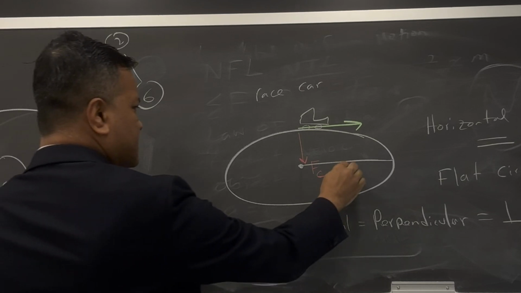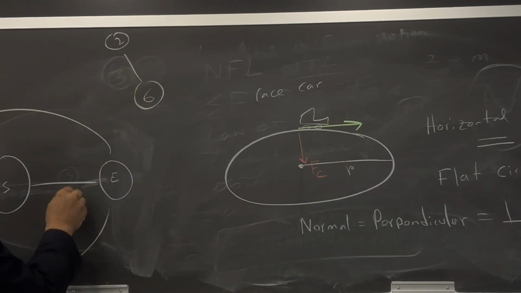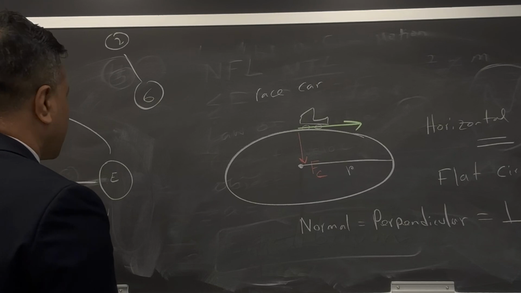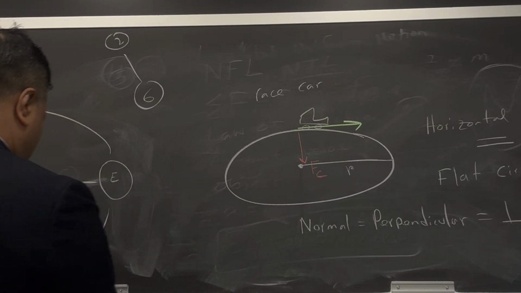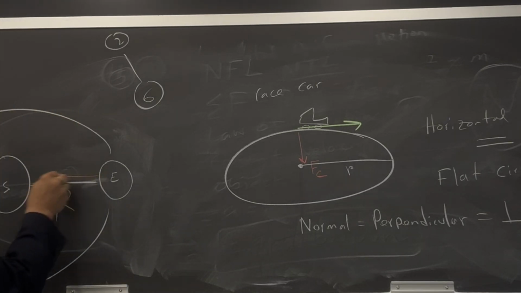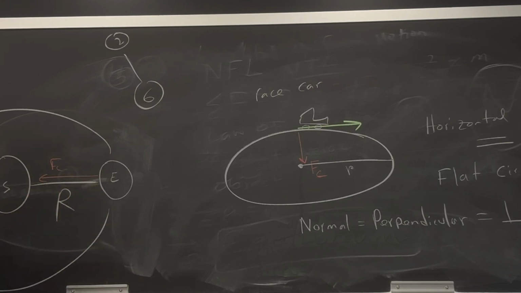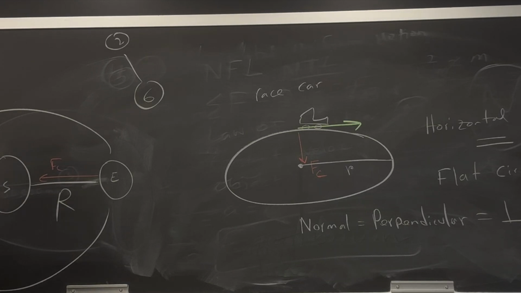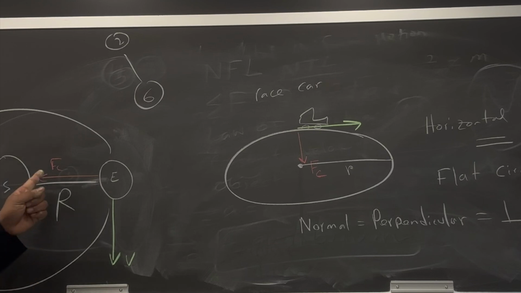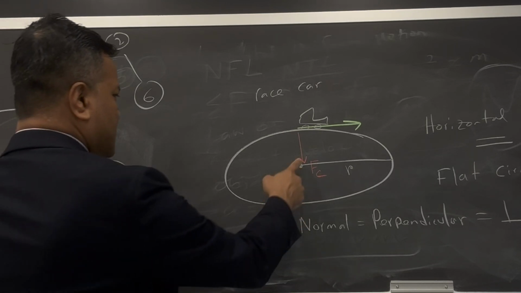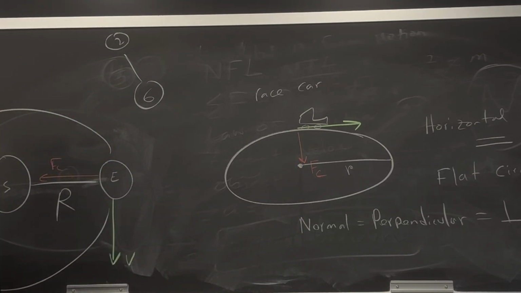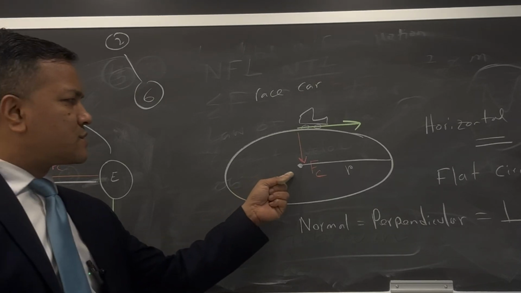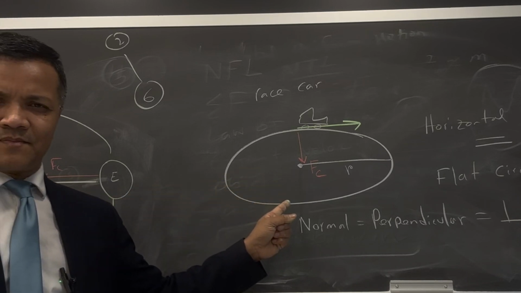This one's radius is small, this one's radius is big. This one has a force, this is centripetal force. This one has a velocity. It doesn't matter how much velocity over here. So these two scenarios are the same.